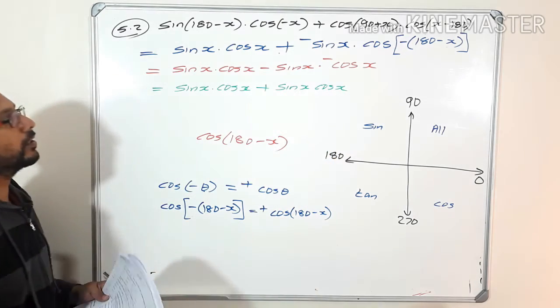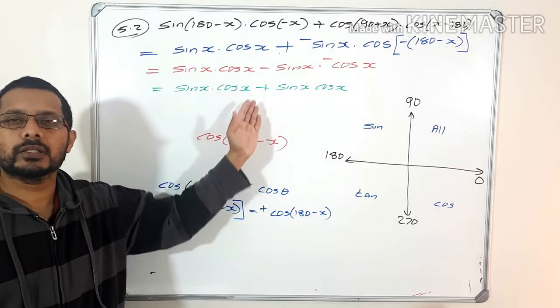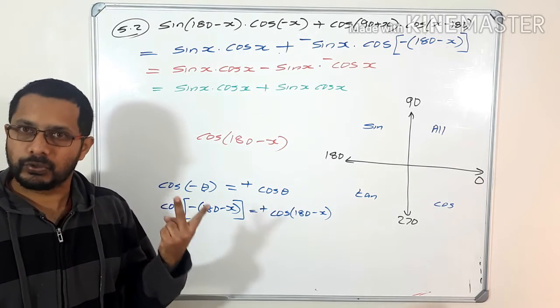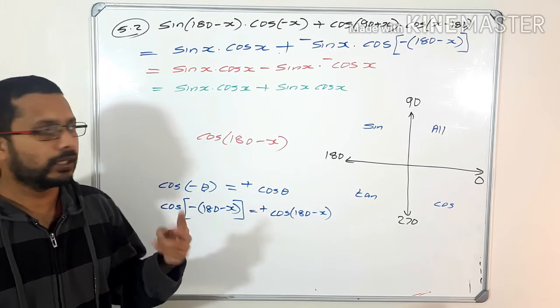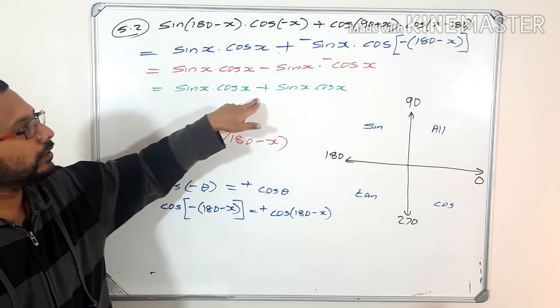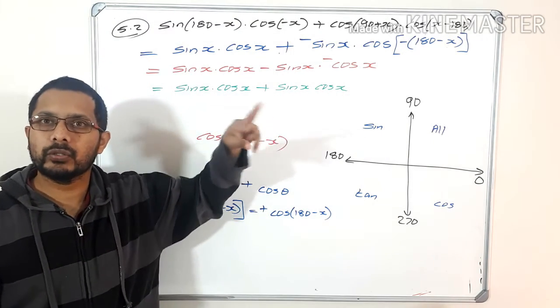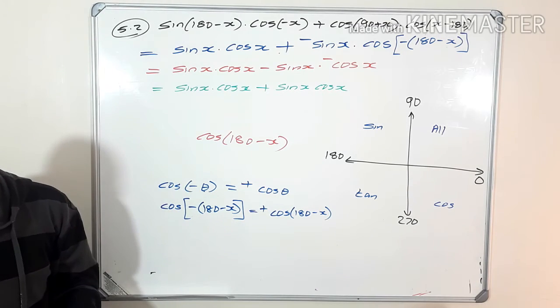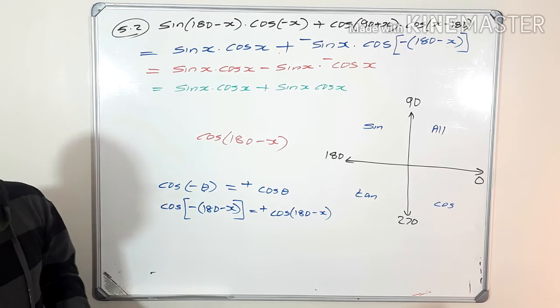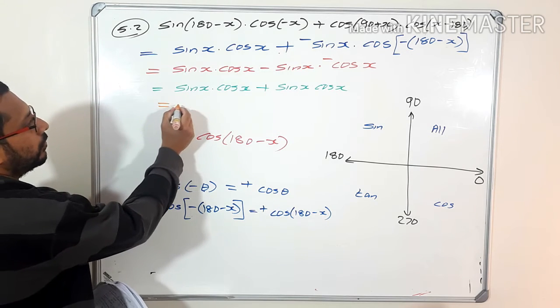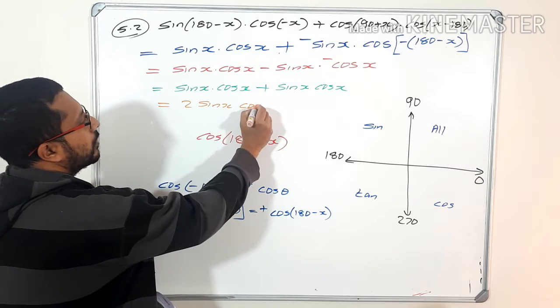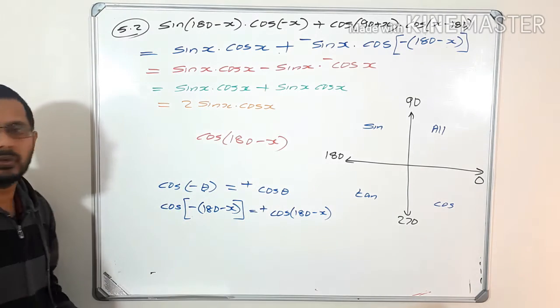So now look at this one, sin x cos x plus sin x cos x. How many sin x cos x are there? Of course it's 2 sin x cos x. So this is equal to 2 sin x cos x.